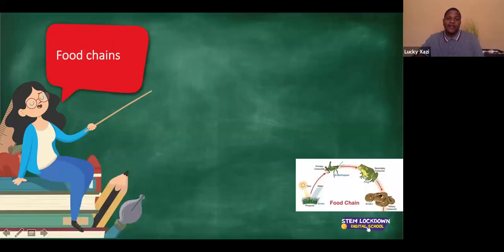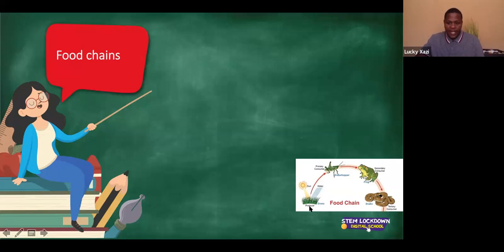Now let's look at the picture of a food chain. Please understand that in order to understand the food chain, it's always important to start off with the plant. As you can see, there's grass. That's where the food chain starts. And also, do follow the sequence of the arrows in order to completely understand the food chain.